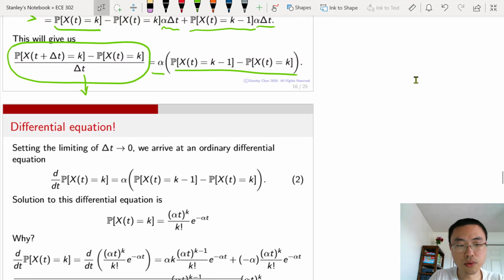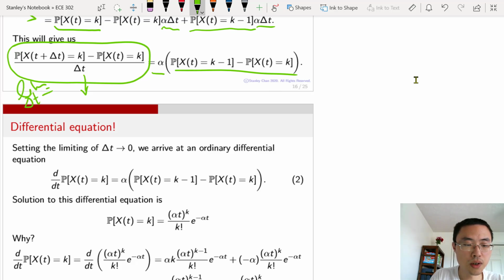Well, you look at this equation. If you make the limit of delta t going to 0, of course this would become the slope. And what is the slope? The slope will become the d/dt of this probability, because you have two functions, you take the difference, you divide by delta t, and that will give you the slope. So that's the d/dt of this probability. On the right-hand side is the same thing.